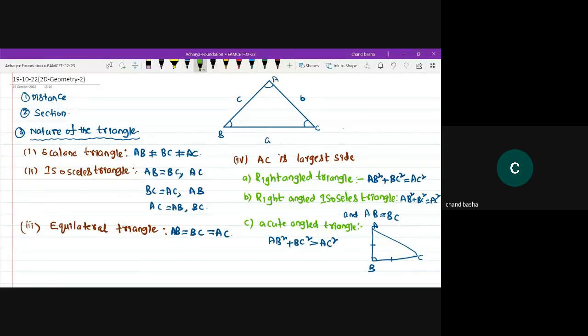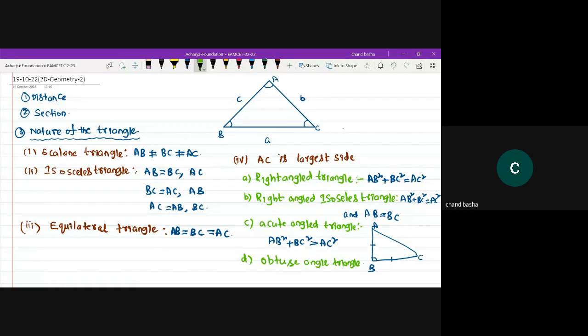The fourth one, that is D, obtuse angled triangle. Whenever the vertices are given, that is what we are discussing here. When angles are given, it's very easy, we can just take the sum of the angles of a triangle.